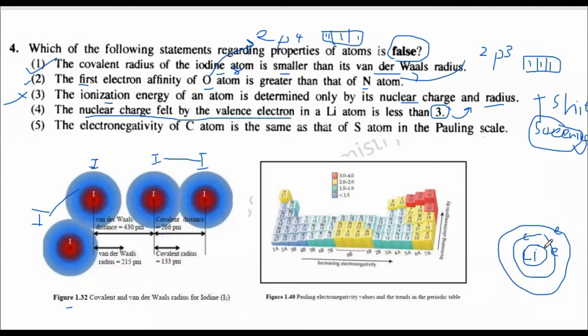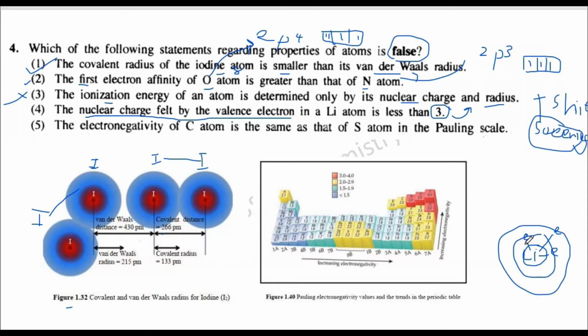Lithium has 3 electrons and 3 protons, and there will be this nuclear attraction happening towards each electron.